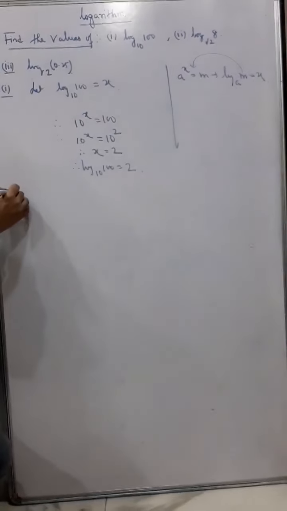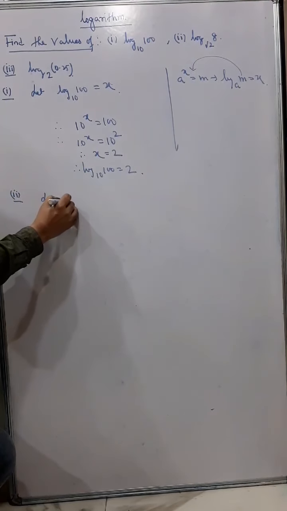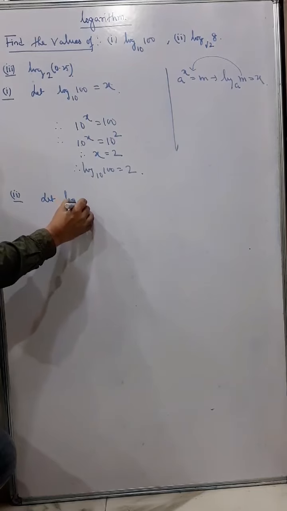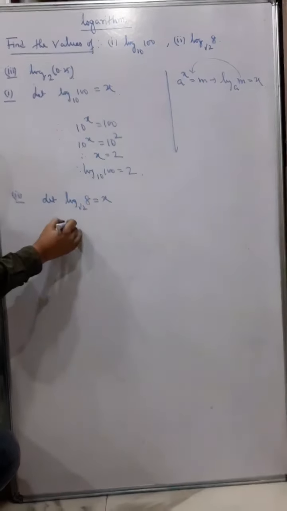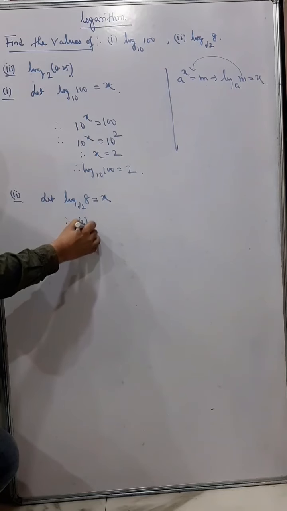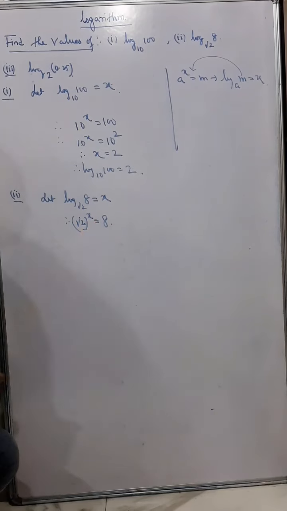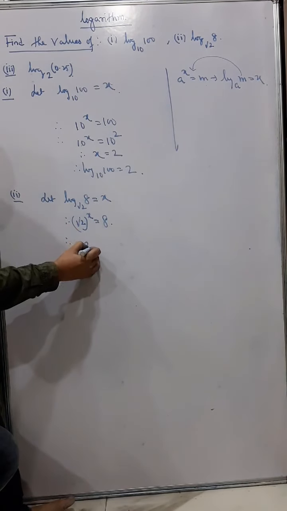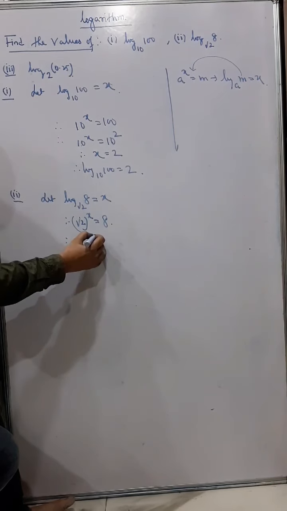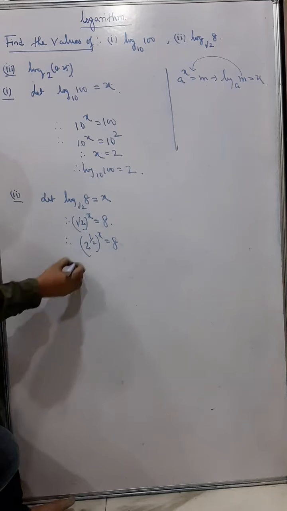So just see, I will do the next sum with a similar method. Let log base root 2 of 8 equal x. Then root 2 whole to the power x equals 8. You remember root 2 means 2 to the power half, and whole to the power x equals 8.